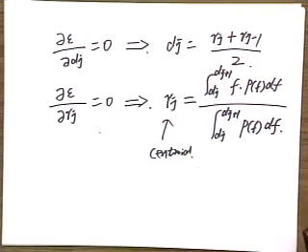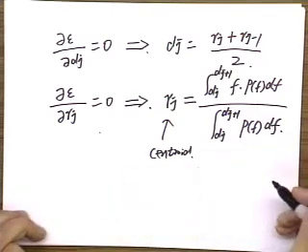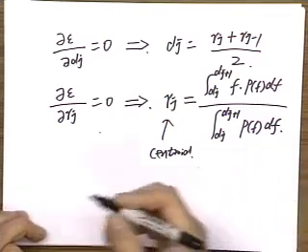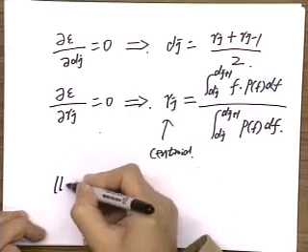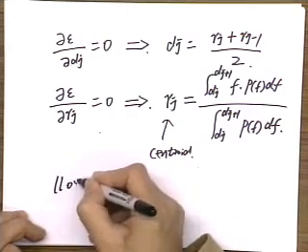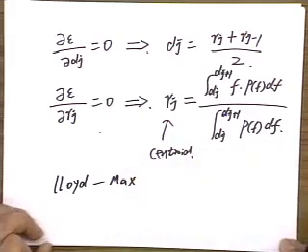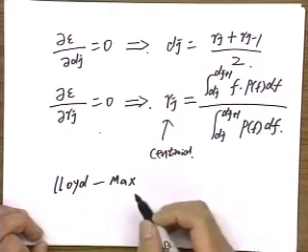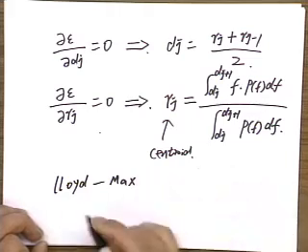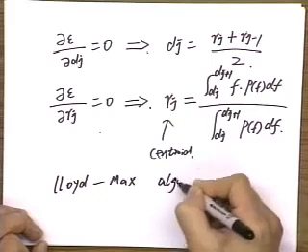In 1960, Max, and also in 1957, Lloyd, these two people proposed a solution for these equations independently. They solved these equations in an iterative way. So we call the solution of these equations the Lloyd-Max algorithm.